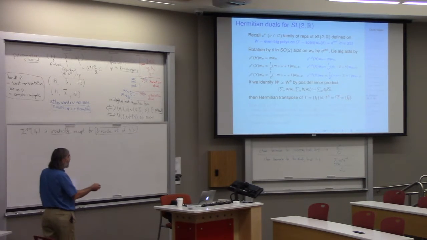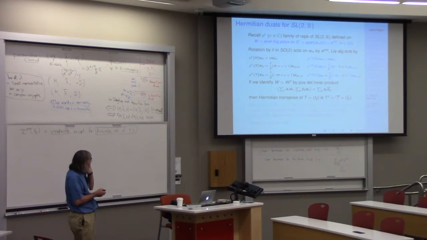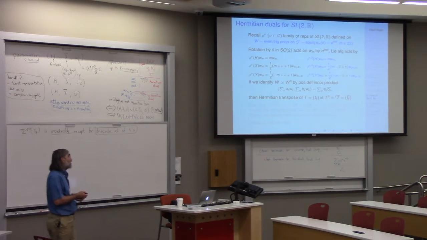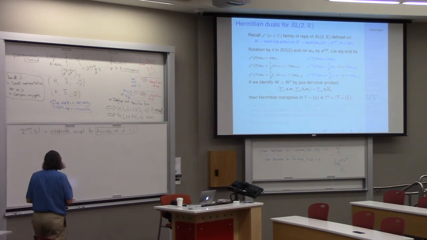So that's what's written here. And if you write an operator on this space as a matrix in the basis of these e to the i m thetas, then of course the Hermitian transpose, the way you compute it is you take the transpose matrix and you put a complex conjugate over the entries.